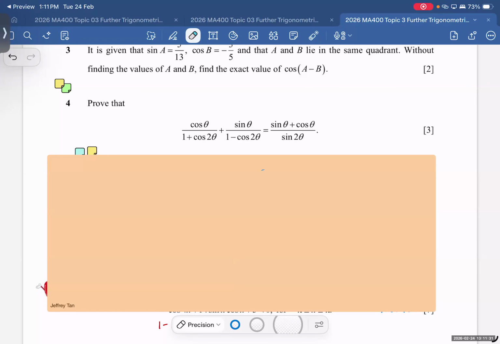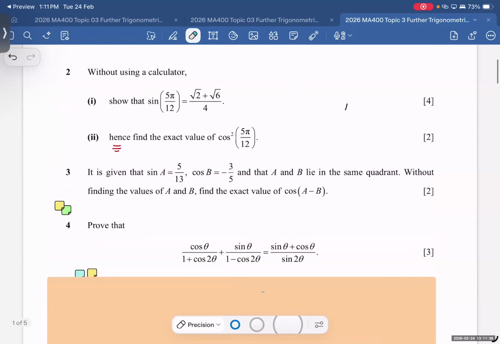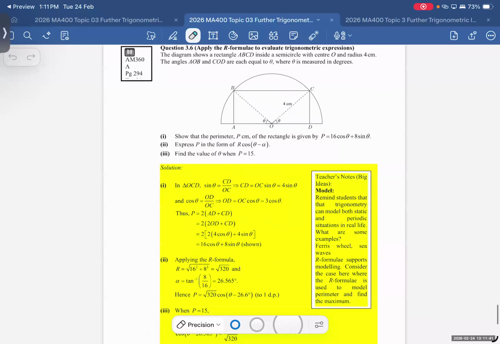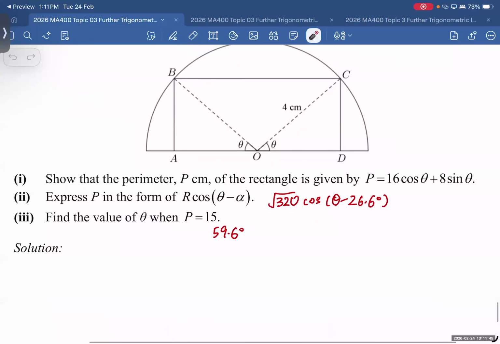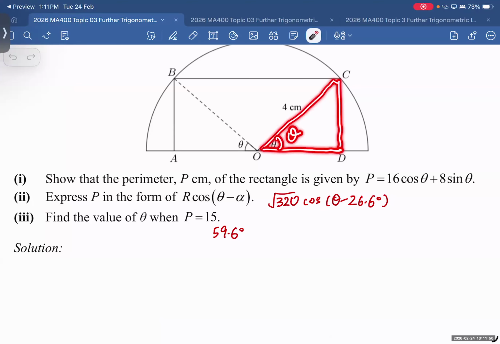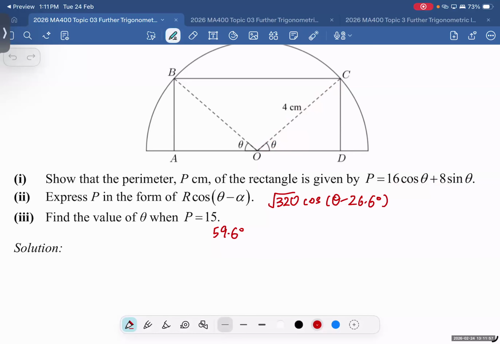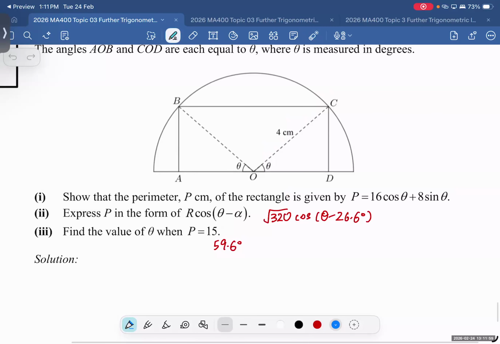Do I need to do it like when you simplify it? No need, it's okay. You look at the triangle. Look at this one. Same triangle. Usually all this will come from a right angle triangle. So based on this triangle, can I say that sine theta is CD over 4?